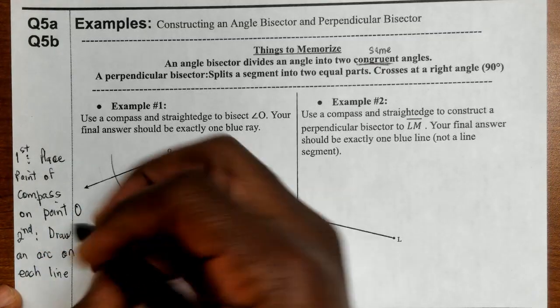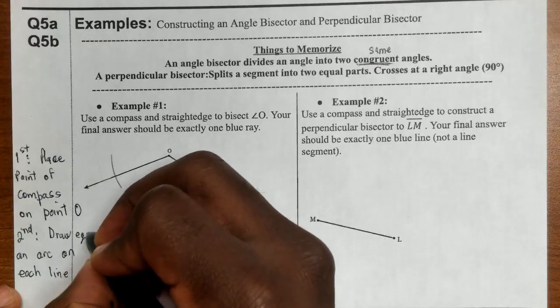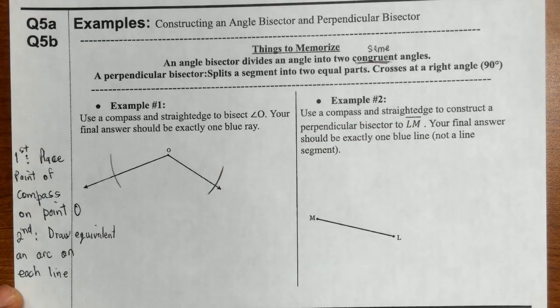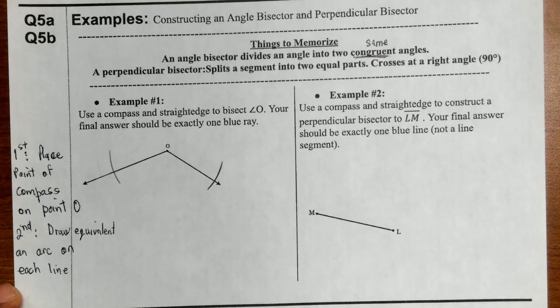So actually draw an equivalent arch, because you don't change the length of it, so you draw an equivalent arch on each line.